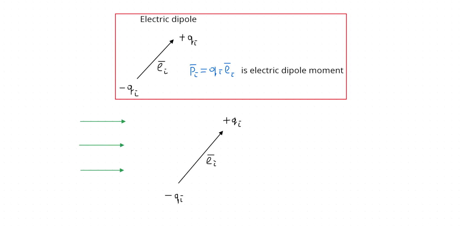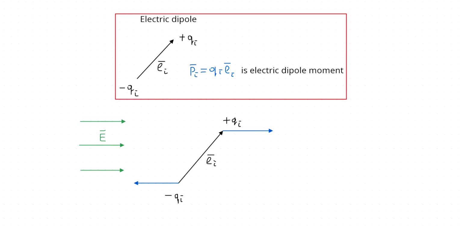In this case, of course, this field will push positive charges to the right and negative charges to the left, according to the direction of the field and the signs of charges.